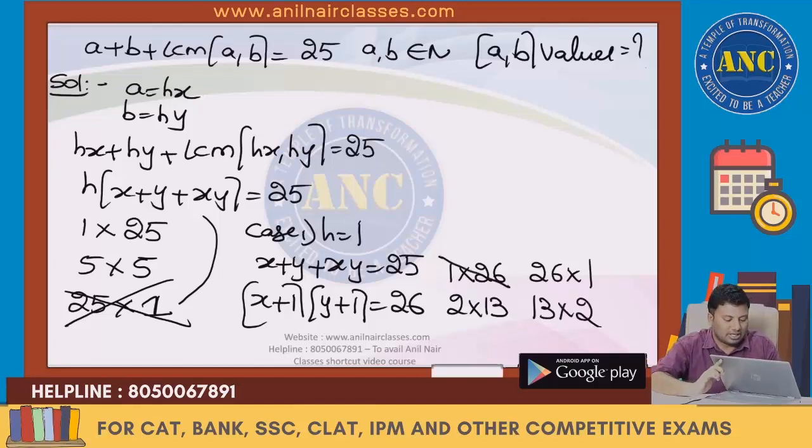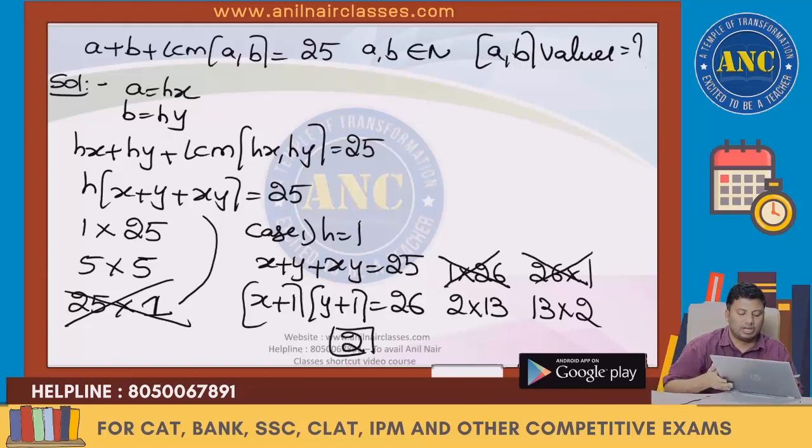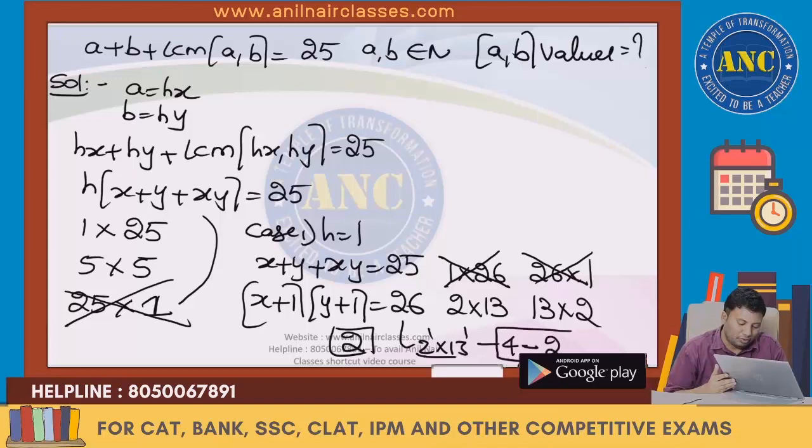First case out, last case out. So here I got two cases. In other words, 26 is 2 into 13, 2 into 2 is 4 factors. Subtract 2 factors where it gives x value 0, y value 0.